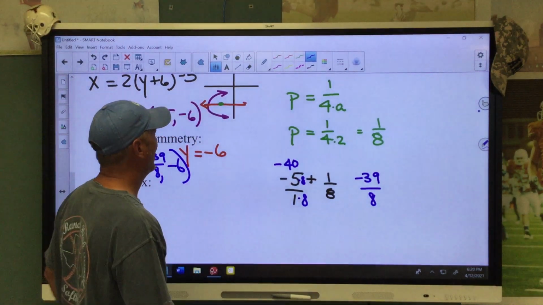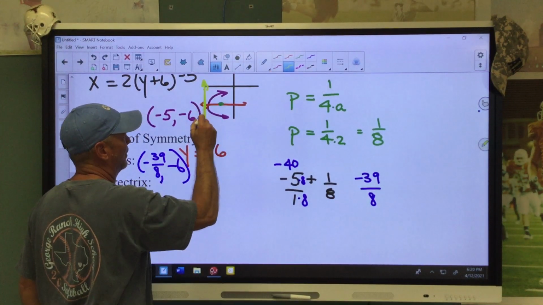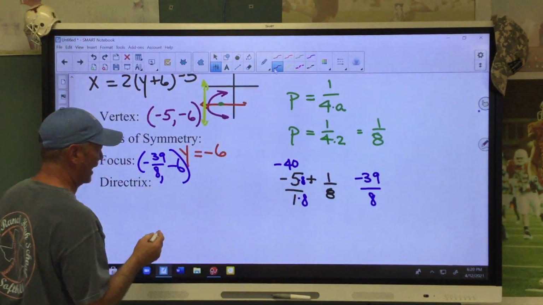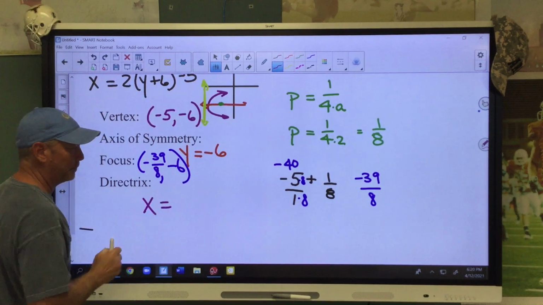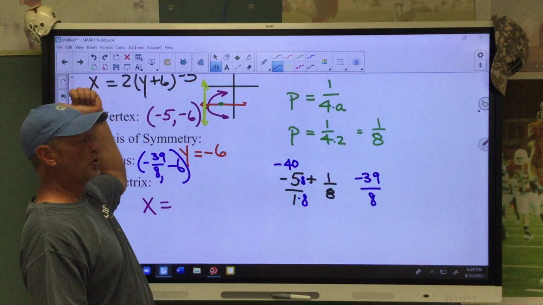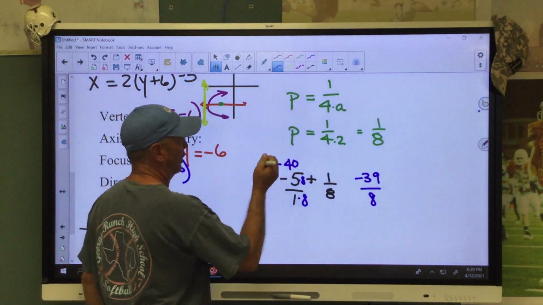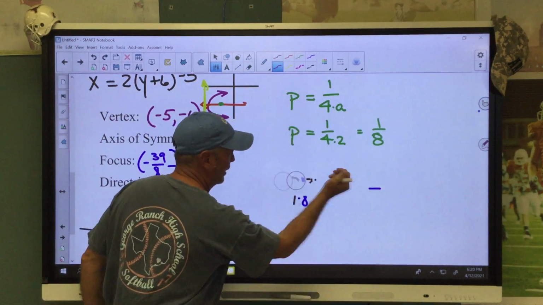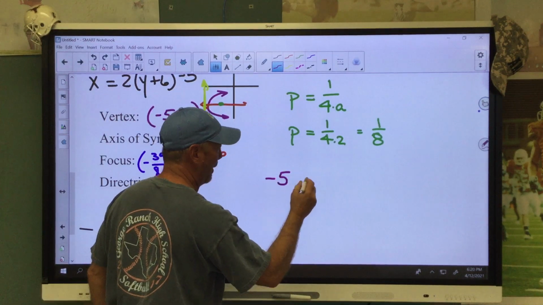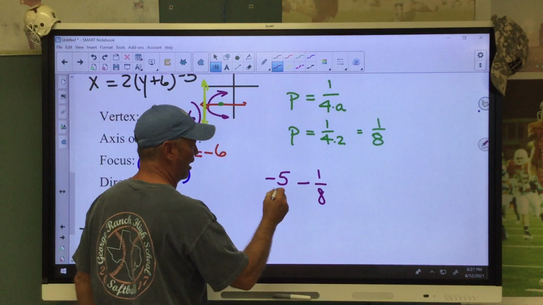My directrix will be outside of the focus on the back side right here. It's going to cross the x-axis, so we're going to say x equals some number. But in this case, since I'm going to the left, we're going to have to subtract 1/8. So this time we're going to say -5 minus 1/8. Still going to get that common denominator.